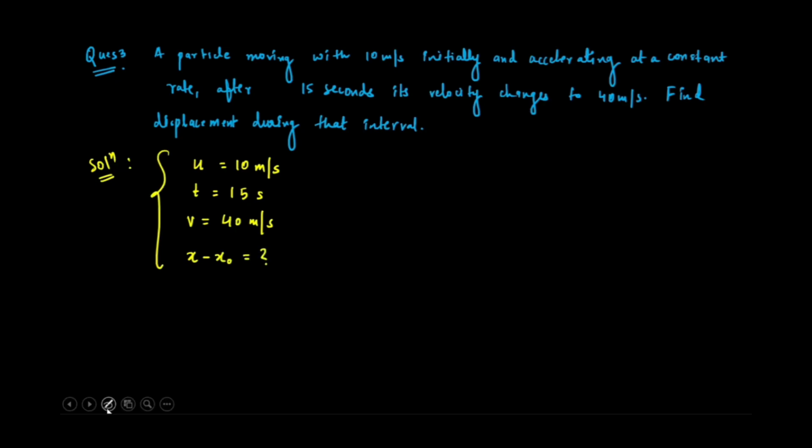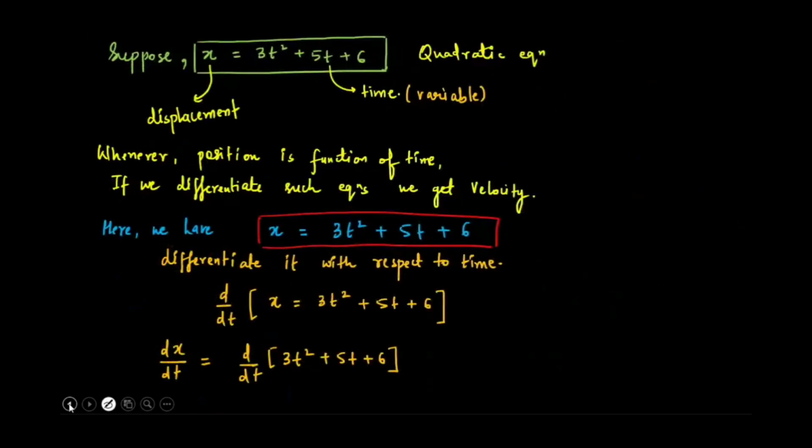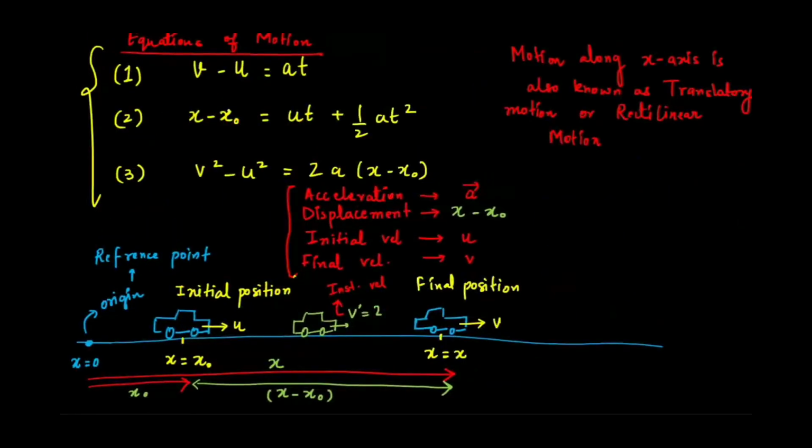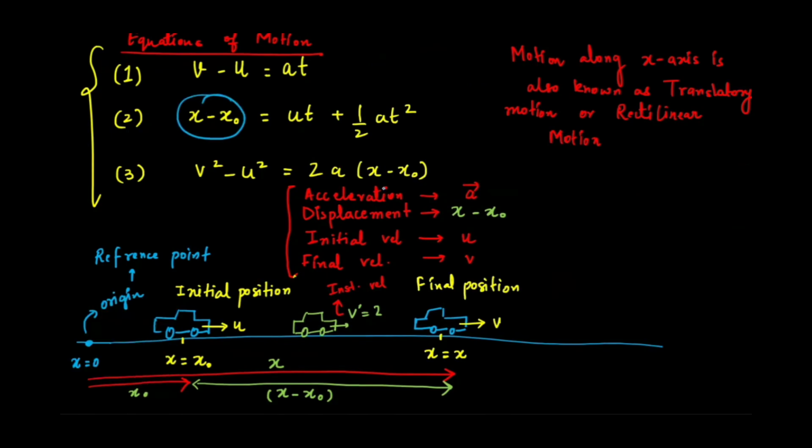Based upon the given information, we know that there are three equations of motion, and in order to find x minus x naught we have two equations. In both equations, one thing is common: we need acceleration. Without acceleration, we cannot find the displacement.